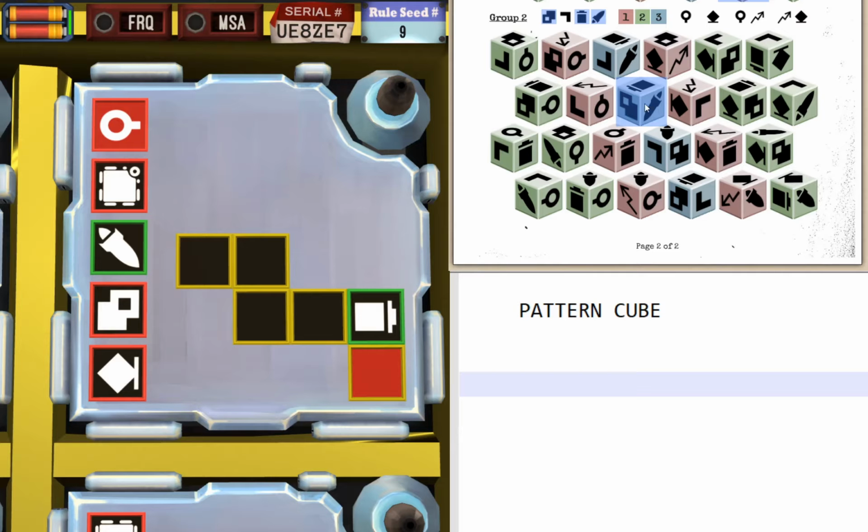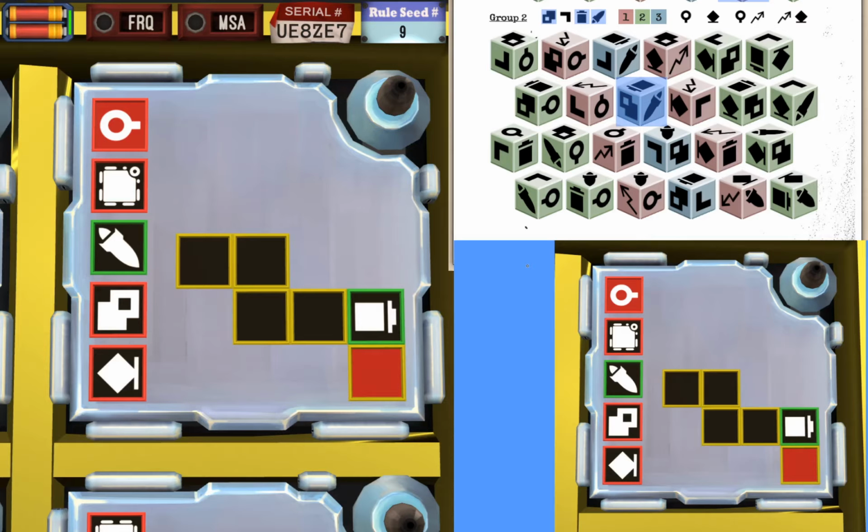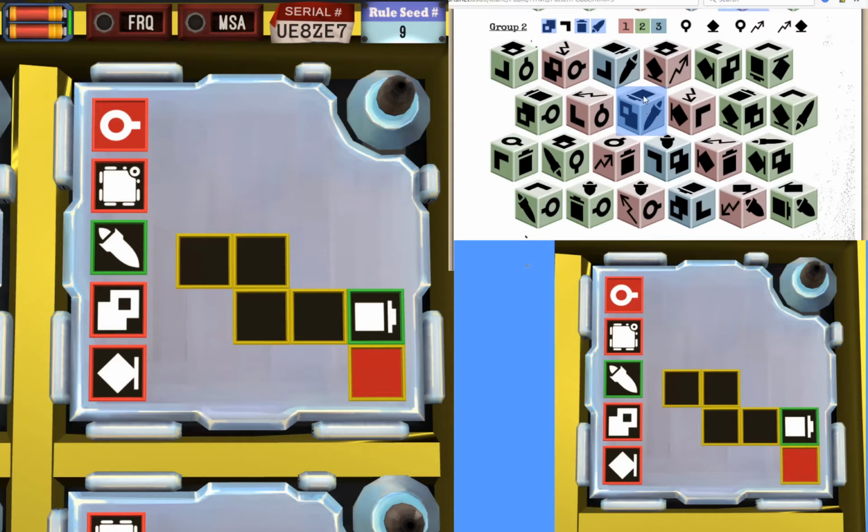Now, since this one has the symbol that is already given on the module, let's concentrate on this. So, looking at the cube that we can see in the manual here, I'm going to unfold this by cutting open this edge. It doesn't really matter at this point, because when we use our trick, we can move the faces around any way we want.